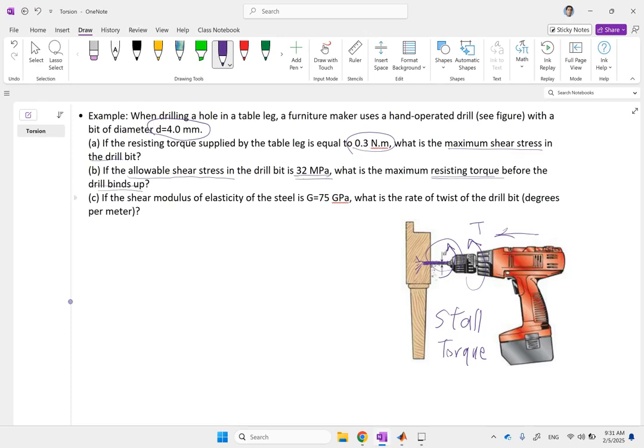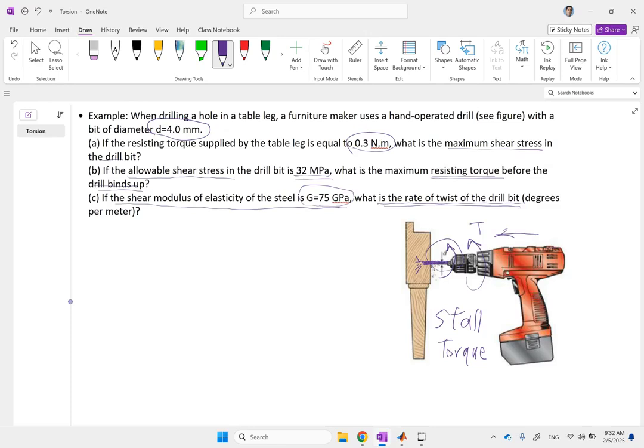And then if the G for this material is 75 gigapascal, what angle of twist, or what rate of twist in this case, would the drill bit go through? Okay, so there are 3 cases.